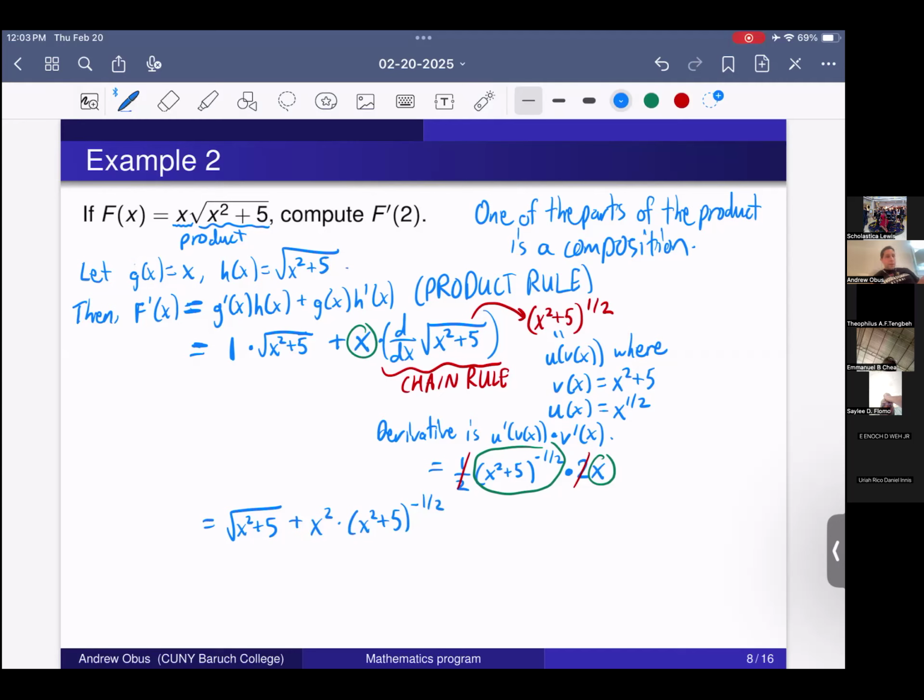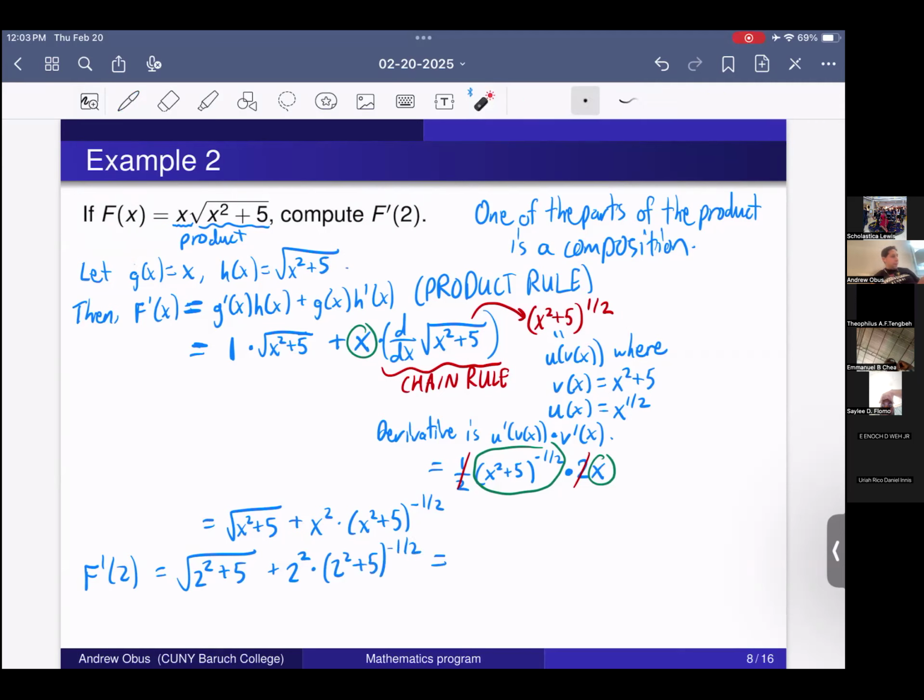All right. So this is what we get if I just asked for f prime of x. But the question doesn't just ask for f prime of x. It asks for f prime of 2. So we need to punch in x equals 2 now, right? So f prime of 2 is now the square root of 2 squared plus 5 plus 2 squared times 2 squared plus 5 to the minus 1/2.